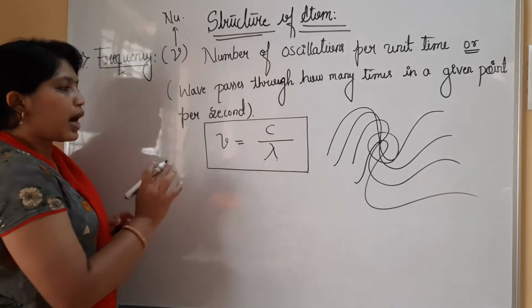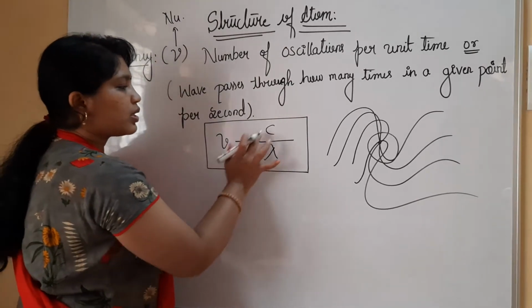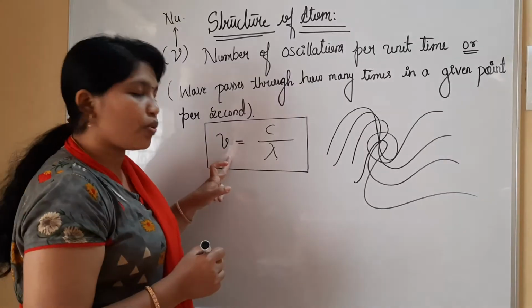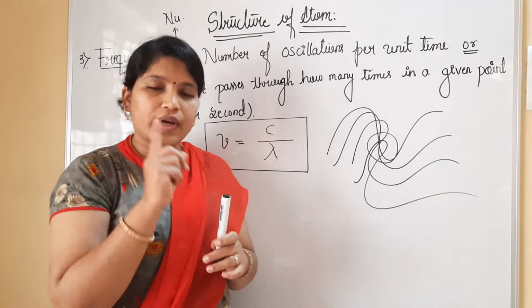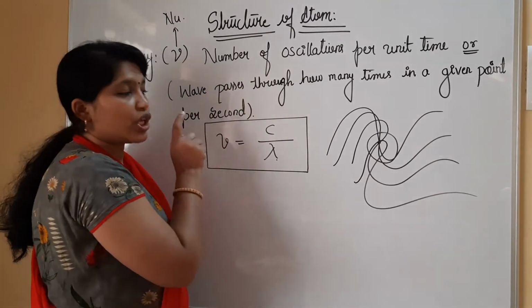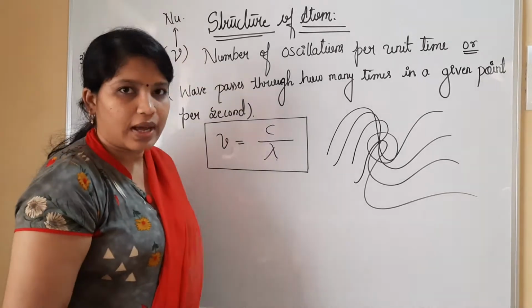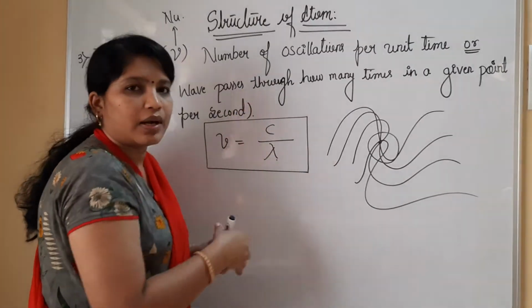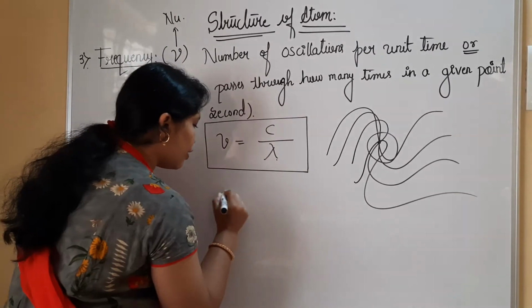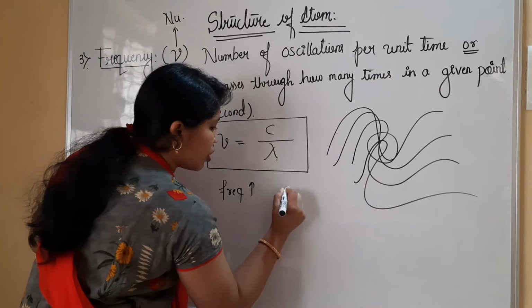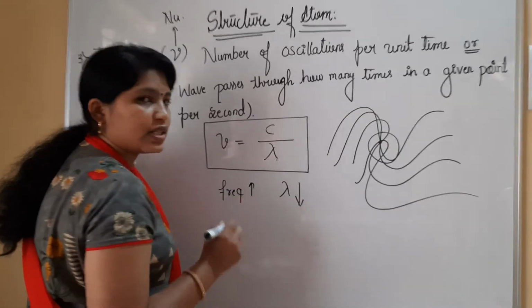Now I mentioned here nu is c by lambda. We all know c is the speed of light, wherein nu is said to be frequency. One thing you have to remember, nu frequency is inversely proportional to lambda. In the sense, frequency increases, lambda decreases. Always remember, if frequency increases, lambda value always decreases.